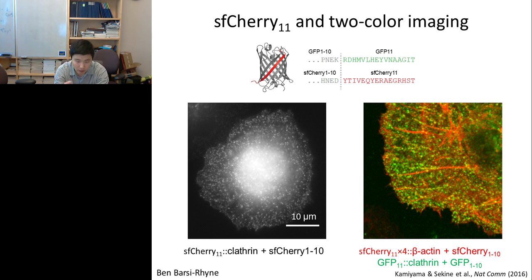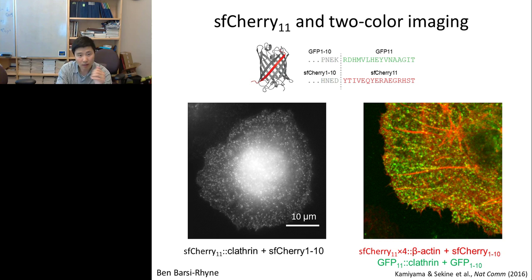Well, although this is kind of a half-baked product, we still tried to split this superfolder cherry, and it worked. The very first trial, we saw complementing fluorescence, although it's fairly weak. So this two-color image has been produced by a 4x repeat of SF cherry 11.